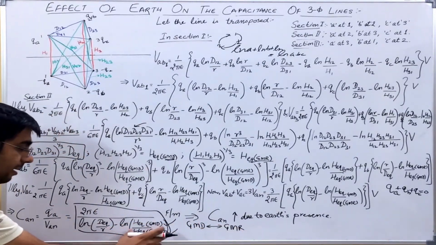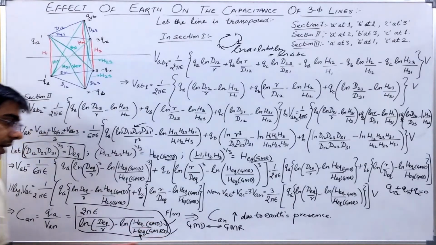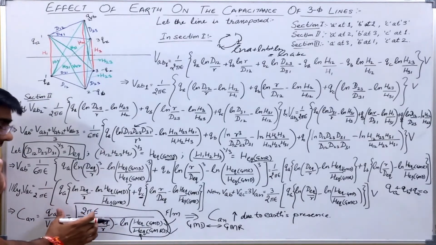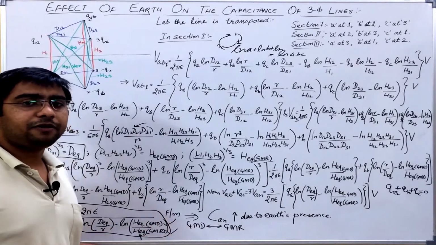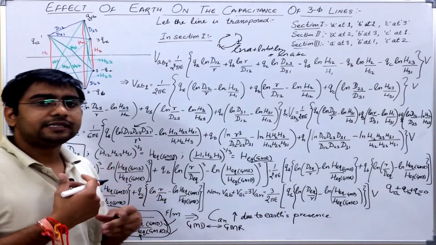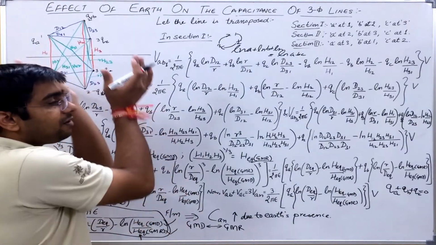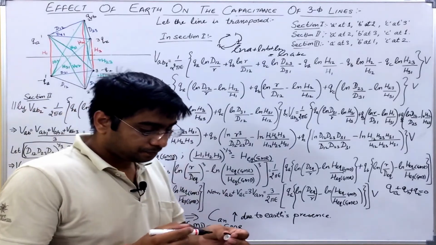So this term will become natural log 1, which is equal to 0, and the expression will come out to be simply 2 pi epsilon natural log D equivalent by R, which is the same as we derived in our previous video wherein we did not consider the effect of earth. So this proves that our derivation is right after using the image method.